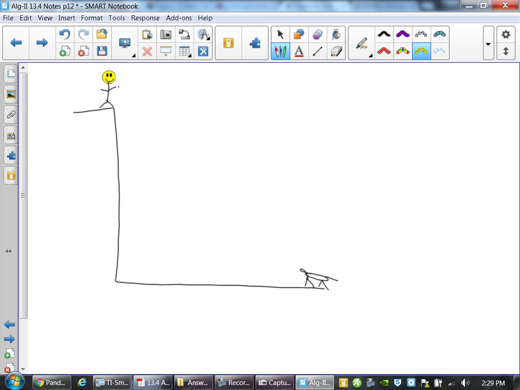The angle of depression to the dog is 79 degrees.